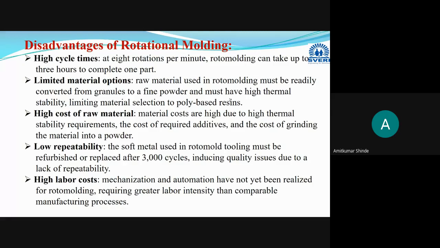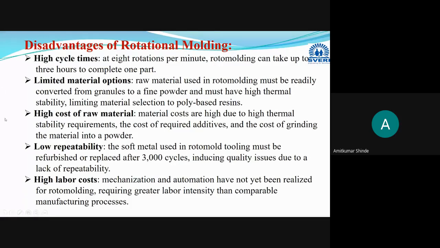So only for limited materials can we convert that into the powder. That's why it is limited to some specific polymers or plastic materials only, because here we must be able to convert that polymer material or plastic material into the fine powder, and some thermal stability is also required, as we are heating it and we are rotating it also.